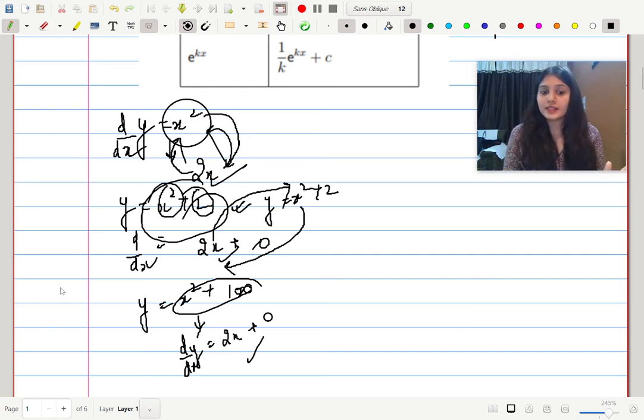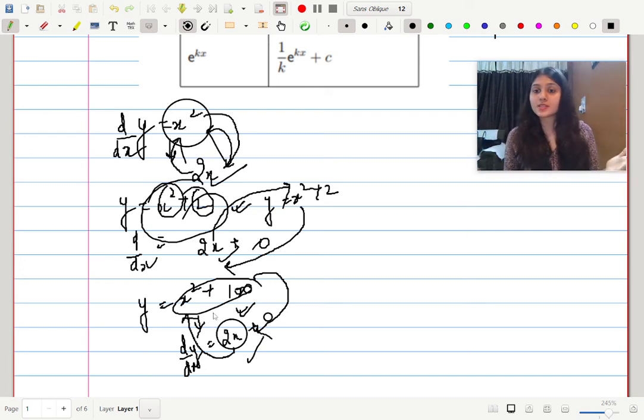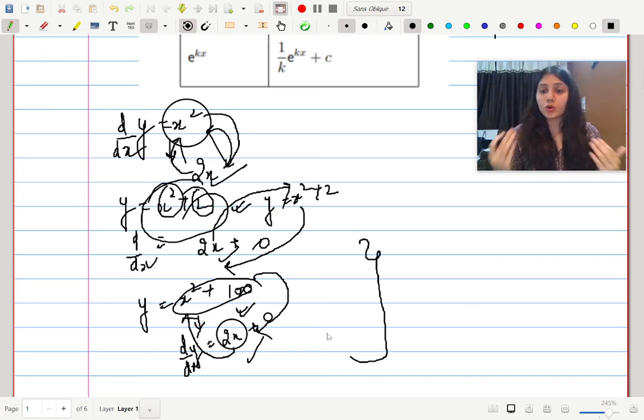In the case where y is equal to x square plus 100, my differentiation is giving the answer 2x, and the integration of 2x is giving only x square, whereas it is not x square, it is x square plus 100, right? So that's because we don't know whether there was a constant in the initial function or not. In the first function, there is no constant, it is only x square.